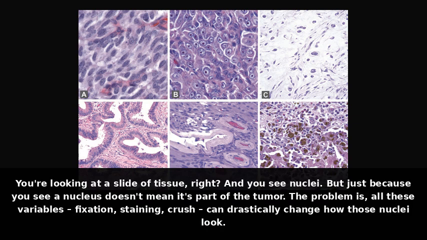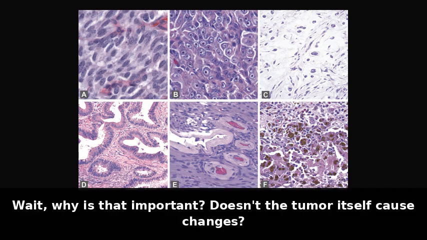You're looking at a slide of tissue, right? And you see nuclei. But just because you see a nucleus doesn't mean it's part of the tumor. The problem is all these variables, fixation, staining, crush, can drastically change how those nuclei look. Wait, why is that important?